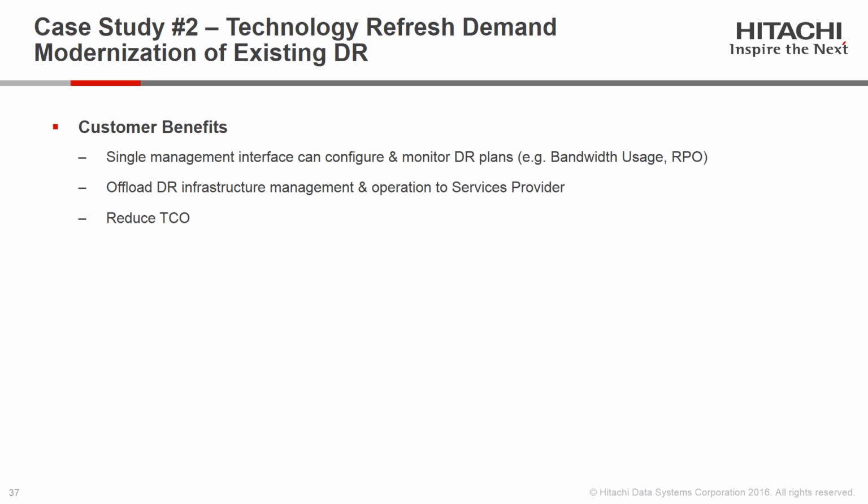The company also benefited from offloading its DR infrastructure management and operation to a service provider, enabling their staff to focus on important projects and workloads. Overall, the organization managed to achieve a total reduction in TCO.